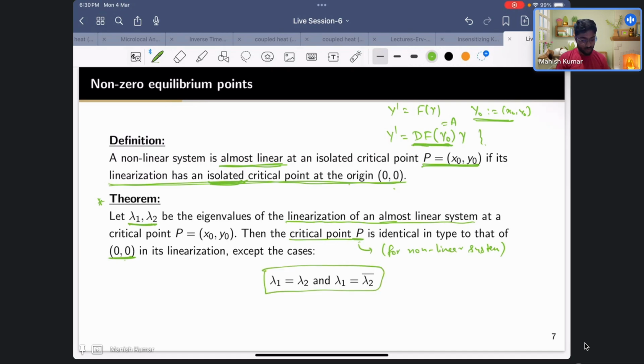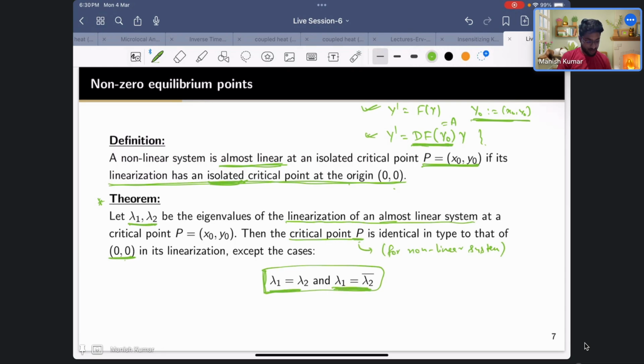Okay, so suppose you have been given a nonlinear system, you just linearize it around that equilibrium point, and now look at what the type of the 0 0 equilibrium point is for the linear system. Except these two cases, that means when the eigenvalues are equal or when they are purely imaginary.